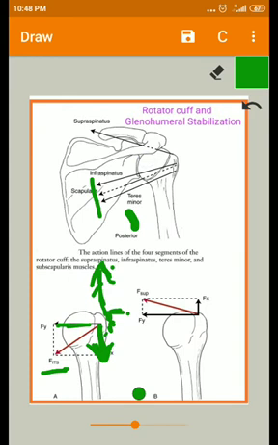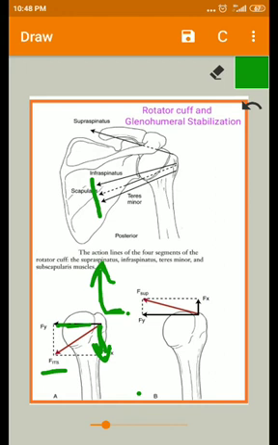And the ITS forces, that is the perpendicular forces, help in what? Stabilization, and also cause some rotation, the least rotation, of the head of the humerus on the glenoid fossa. Got it? So the stabilization part is over here. This force is balanced by this force.